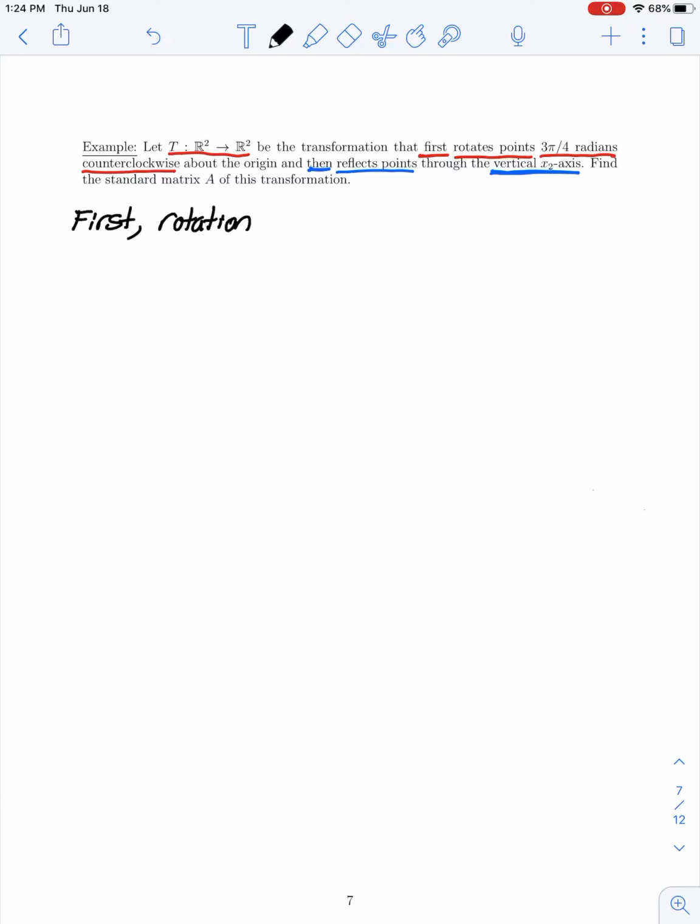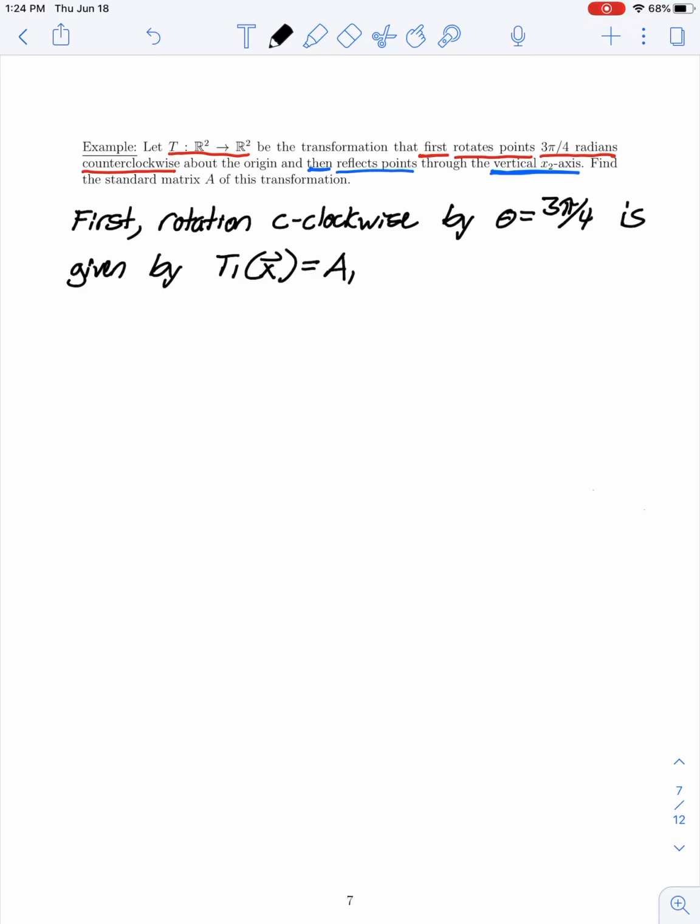So let's say rotation counterclockwise by an angle of theta equals 3 pi over 4 radians is given by a transformation T1 of x, which can be described by a matrix A1 times x, where A1 would be the matrix whose first column would be cosine of theta, so that is cosine of 3 pi over 4, and sine of 3 pi over 4.